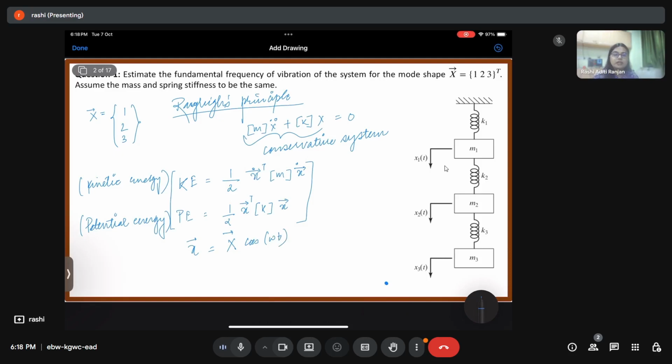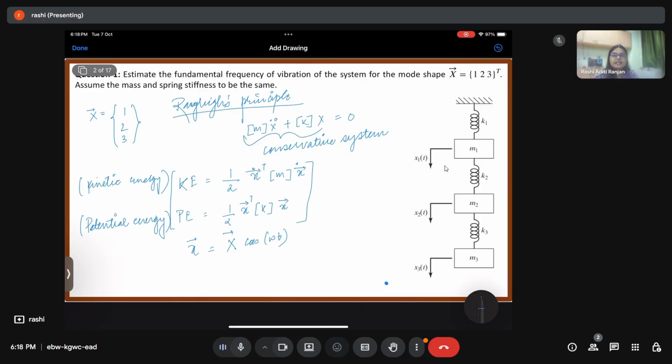Capital X is basically the mode shape, if we are exciting at a particular frequency, or else it could be any X. For this kind of system it is going to be a 3 cross 1 matrix. Definitely it will have 3 entries, because small x is going to be x1, x2, x3, so capital X corresponds to that, into cos omega t.